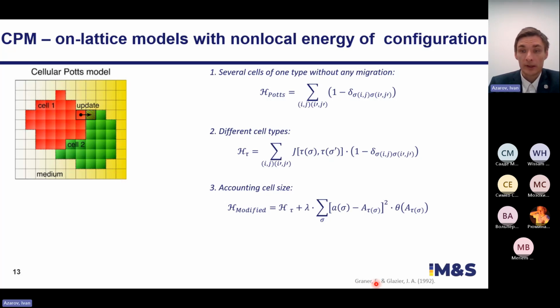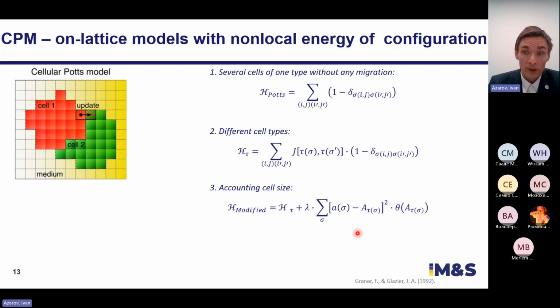And then the creators of this approach, Graner and Glazier, who built this approach and formulated the main things, proposed how to account cell sizes, perimeter, and area of cell in the two-dimensional case. We can include this term in quadratic form. Why in quadratic form? Because here we can see the difference between current, for example, area, and the target cell area.